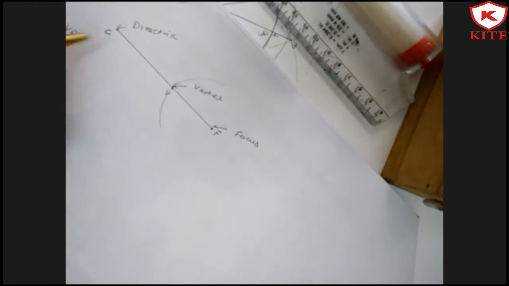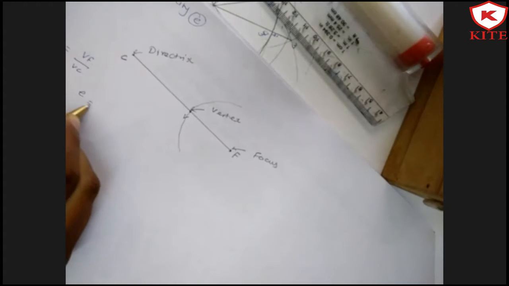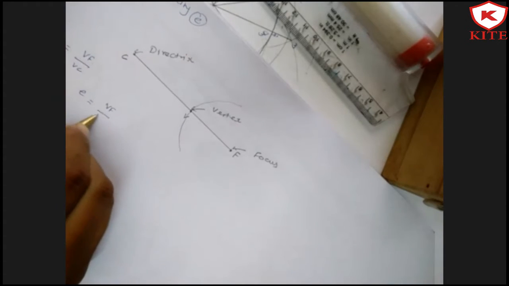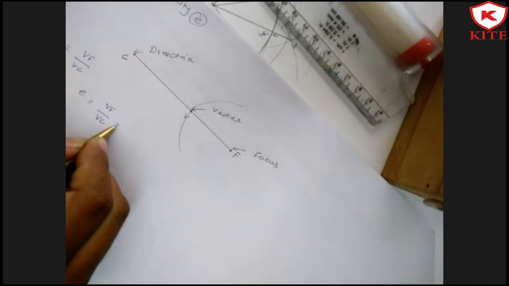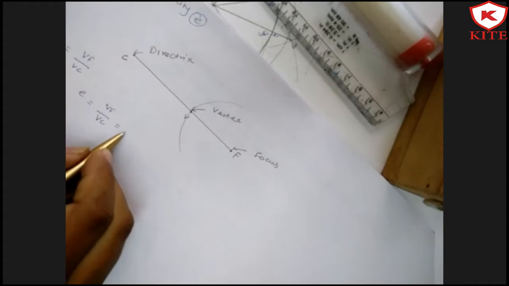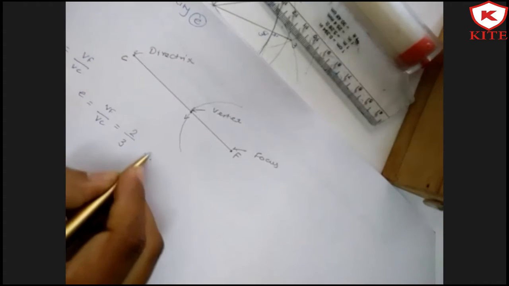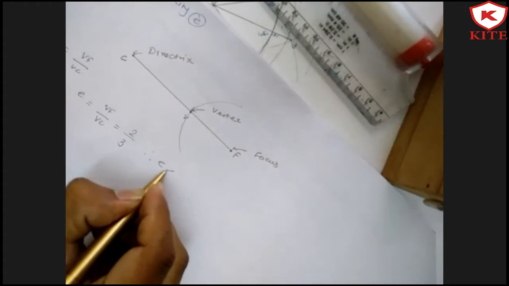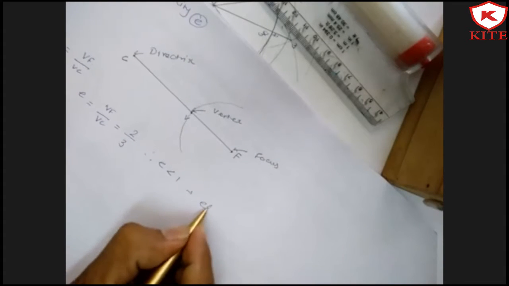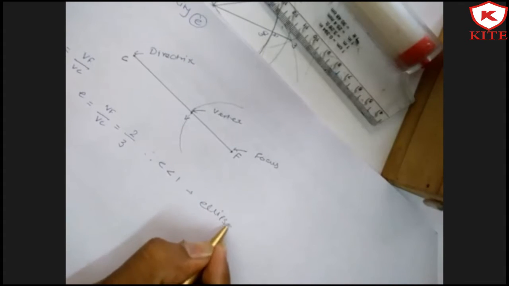Here, when E equals VF by VC, say 2 by 3, so that E is less than 1, at that time an ellipse is generated.